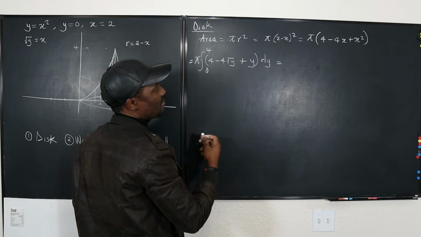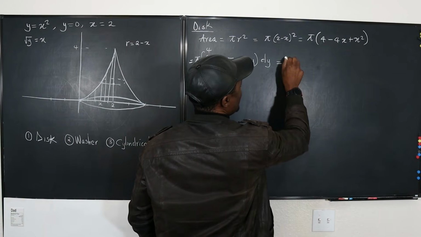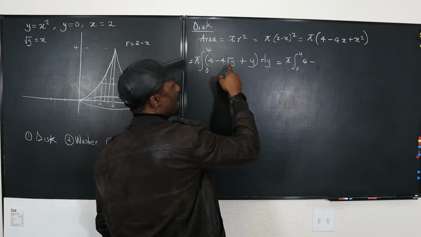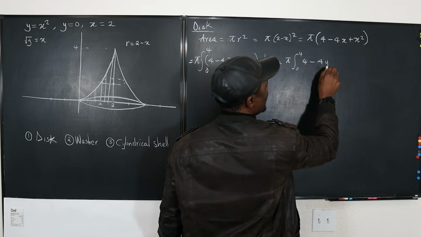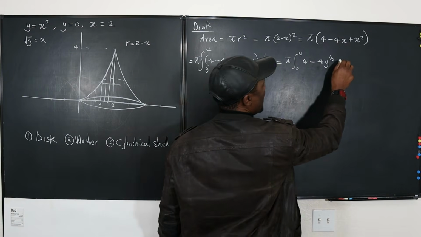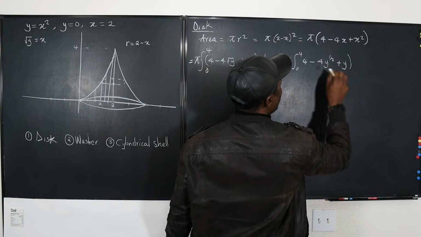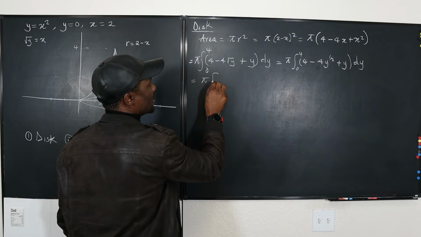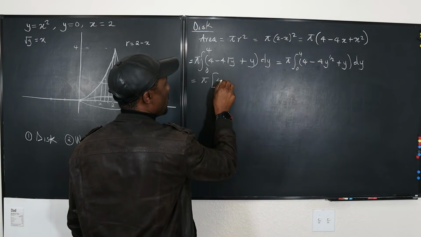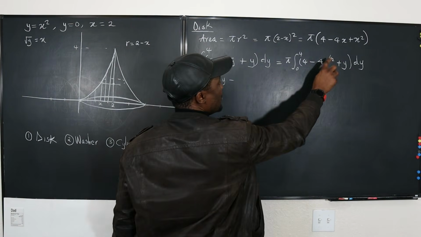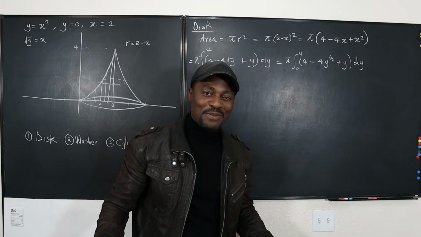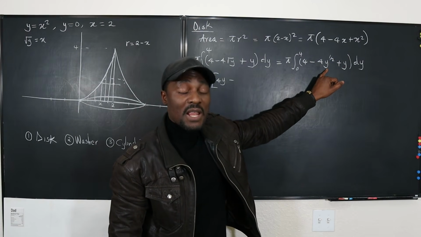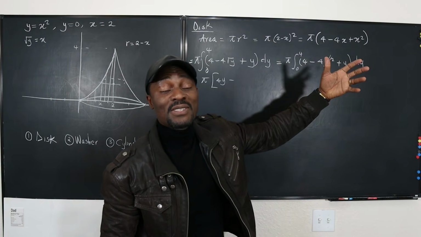I have to write this as an exponent. So this is equal to pi integral 0 to 4 of 4 minus, I write this as an exponent, 4y to the 1/2, plus y, and then dy. So this is equal to pi times, if we take the integral, 4y minus, if we integrate this, remember what I've shown in other videos, to integrate any variable with a fraction exponent is easy.